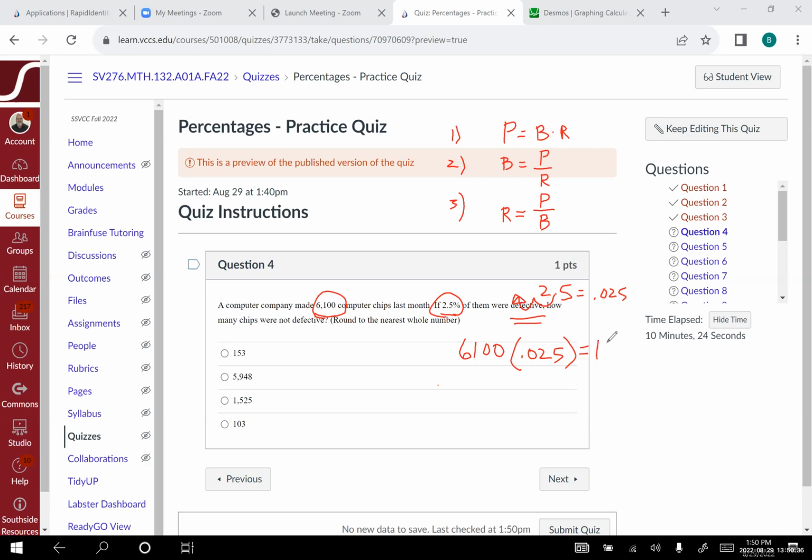So if 152.5 were the defective ones, the question asked, be careful, how many are not defective? So I'll take 6,100 and subtract 152.5. It says round my answer to the whole number, but let me subtract first. I get 5947.5. Rounding that up to a whole number, 5948.